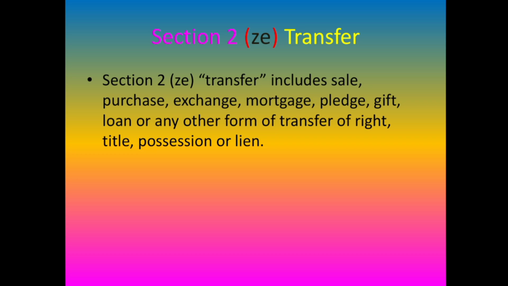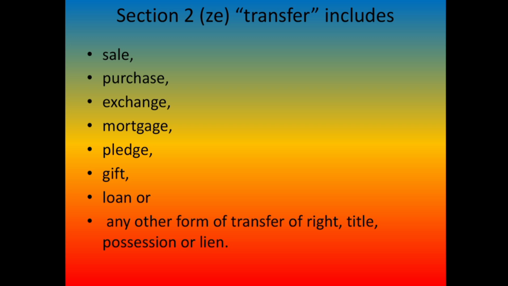Second is purchase. Transfer includes purchase. Purchase as per accounting terminology refers to taking control of goods and paying for something in return, that is, exchange of money for particular goods or services.